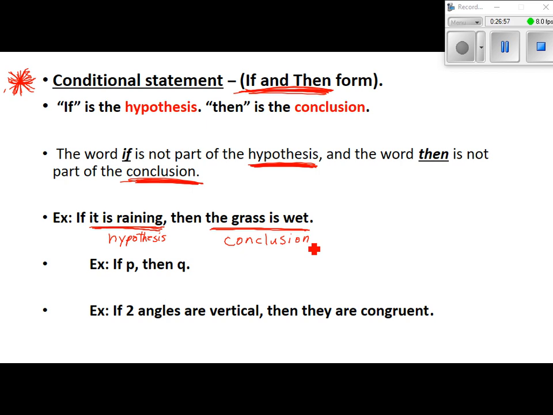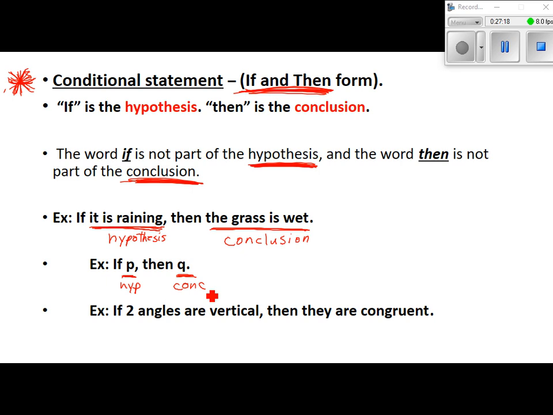Next one. If P, then Q. What's the hypothesis here? P. It's just that. What's the conclusion here? Q. You can abbreviate them if you want to make it a little easier on you.